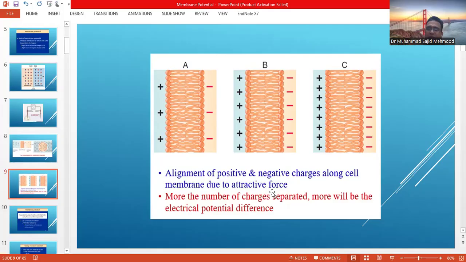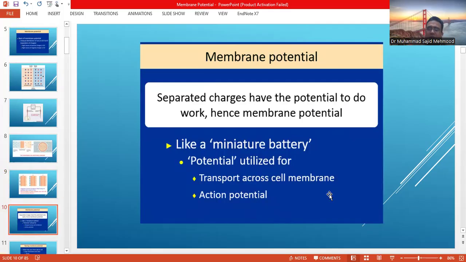The more the number of charges separated, the more will be the electrical potential difference. The separated charges along the membrane serve as a miniature battery, and this miniature battery can serve for the transport of the ions across the cell membrane and also for the conduction of the action potential.